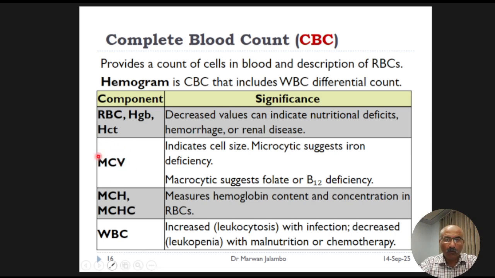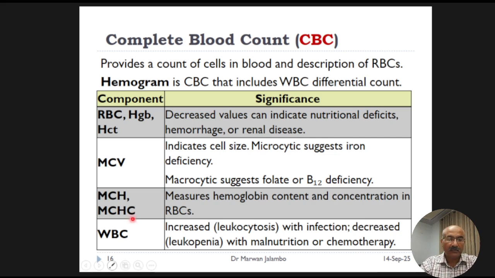A low MCV, known as microcytic, is a classic sign of iron deficiency. A high MCV, or macrocytic, points us toward folate or vitamin B12 deficiency.